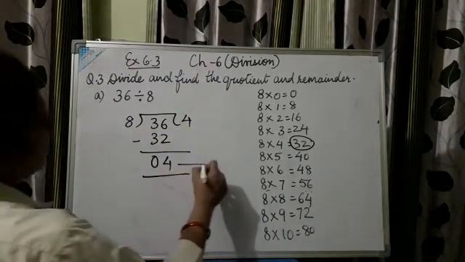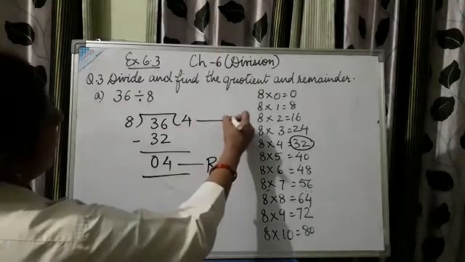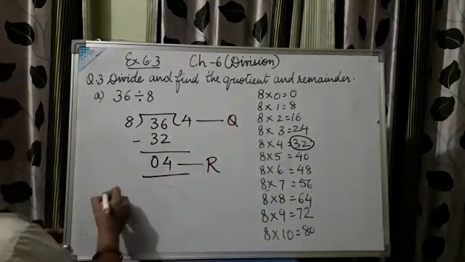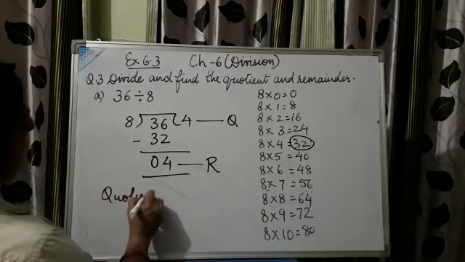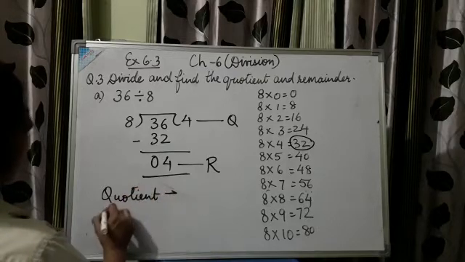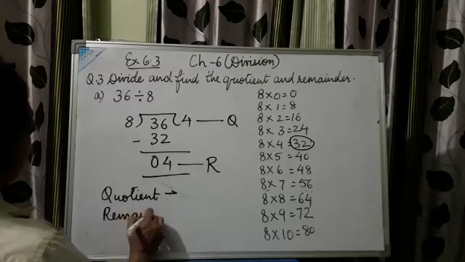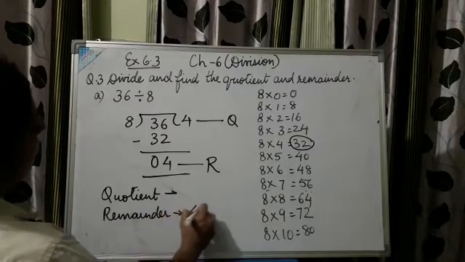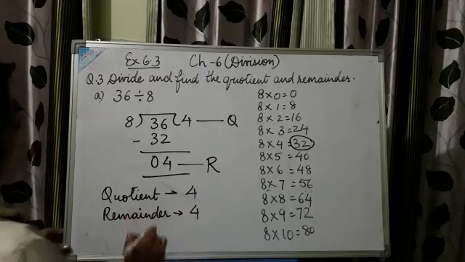So this becomes your remainder finally and this becomes your quotient. You are supposed to write down the quotient and remainder after doing each and every sum. Remainder is 4 here and the quotient is also 4.